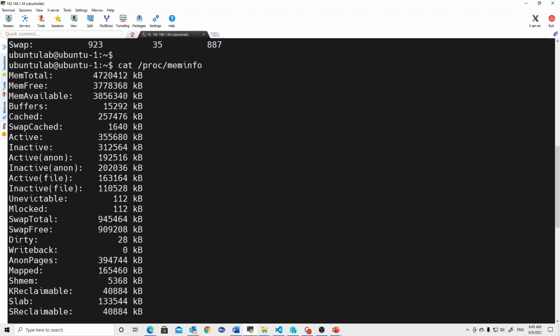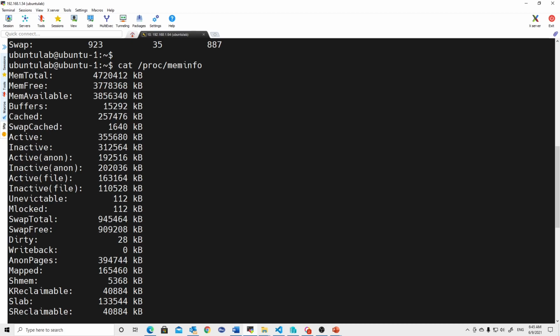MemTotal is the total usable RAM, physical minus some kernel reserved memory. MemFree is the free memory in both low and high zones. Buffers: memory used for temporary block I/O storage. Cached: page cache memory, mostly for file I/O.